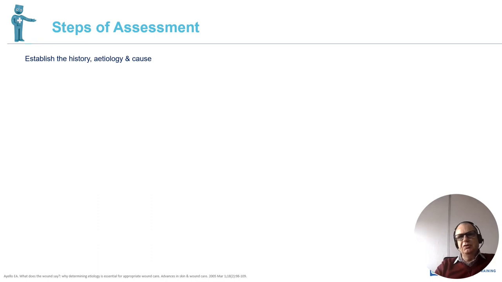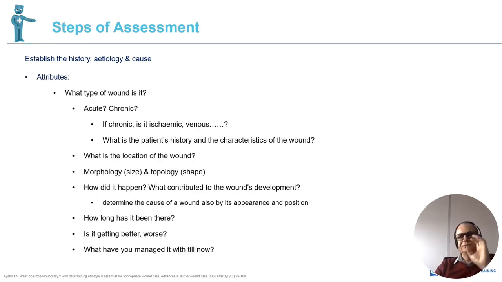So in order to do a proper assessment, what type of wound is it? What is the history and the characteristics of the wound that we are seeing? Looking back at the history of the wound, the history of the patient, any comorbidities, etc. What is the wound location? Is it in the lower limb? Is it a pressure ulcer?